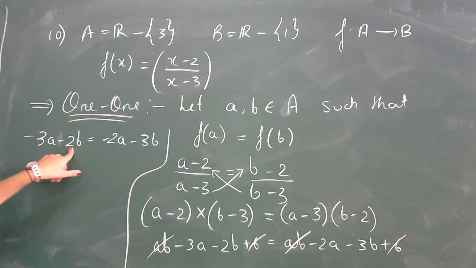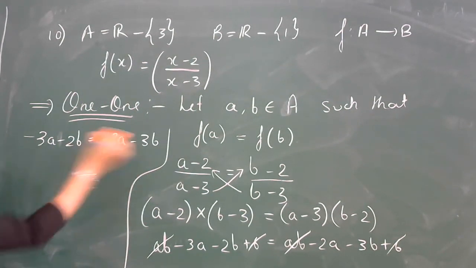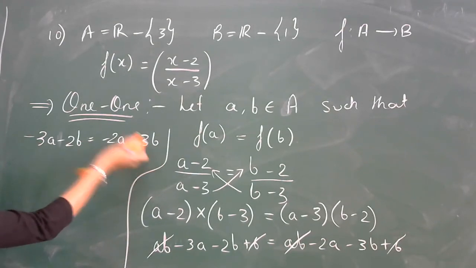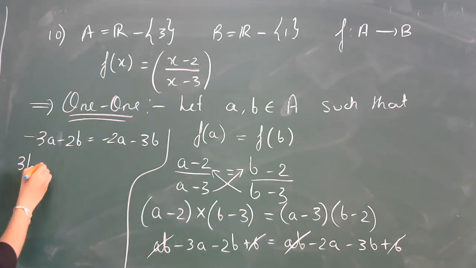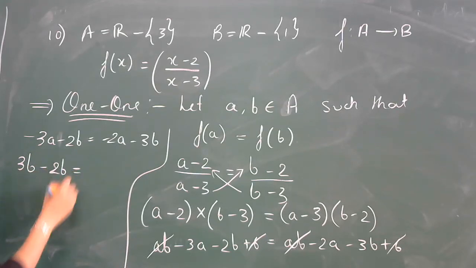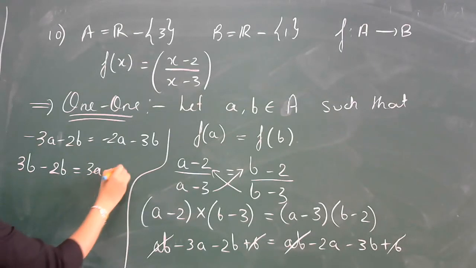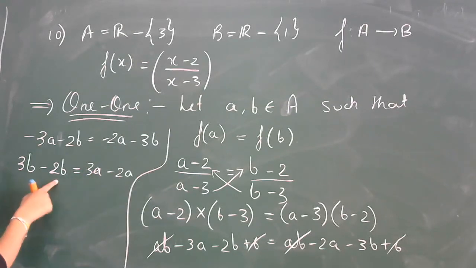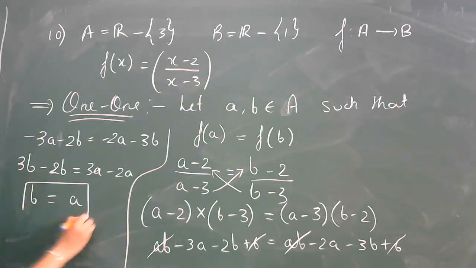Minus 3a minus 2b is equal to minus 2a minus 3b that is remaining. I take this minus 3b on the other side and take this minus 2a on this side. So minus 3b will become plus 3b minus 2b. And minus 3a if you take on the other side, it will become plus 3a minus 2a. 3b minus 2b is nothing but b. 3a minus 2a is nothing but a.